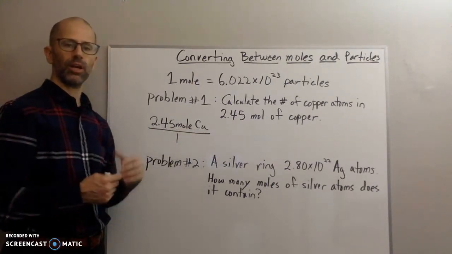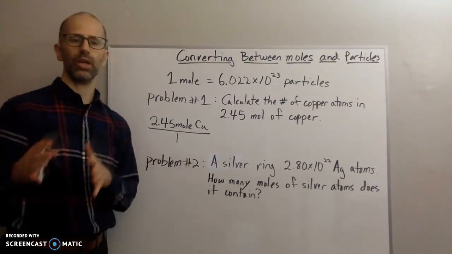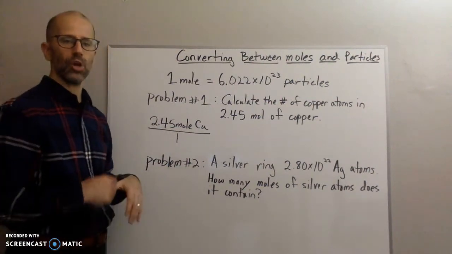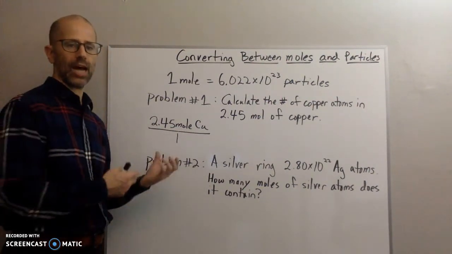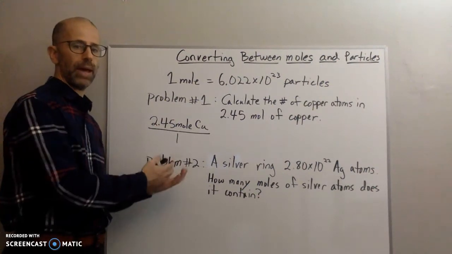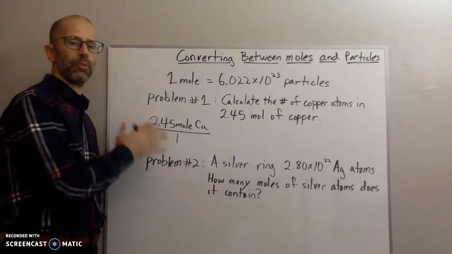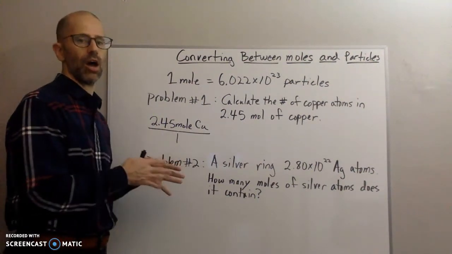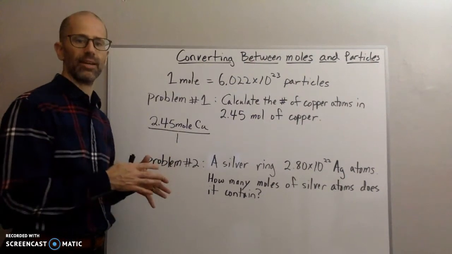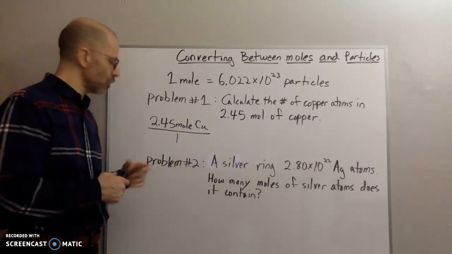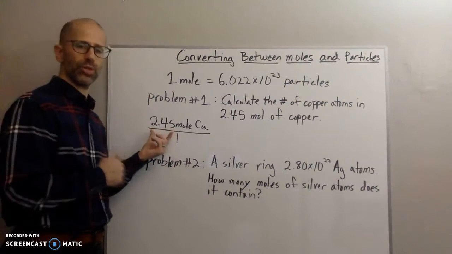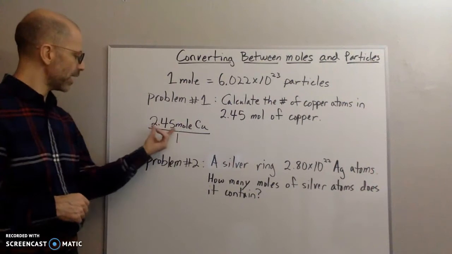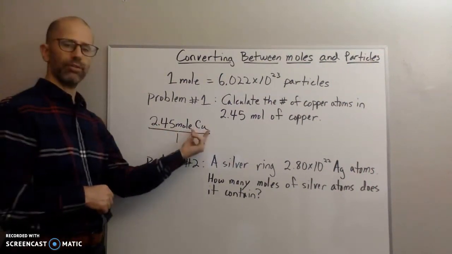In chemistry, we are converting from one substance to another, from one mass of a substance to a different mass of a substance. If we're not in the habit of writing down the substance with the unit, then you can get lost in the calculation and forget what you are doing. So make sure you write down those 3 things: the number, the unit, and the substance. So I have 2.45 moles of copper.